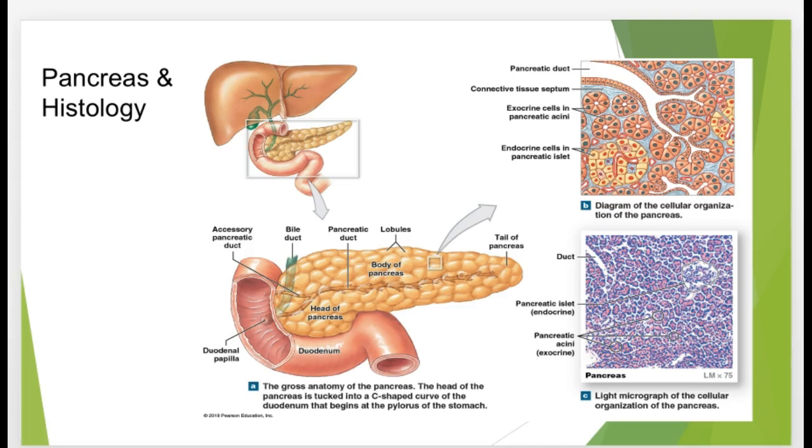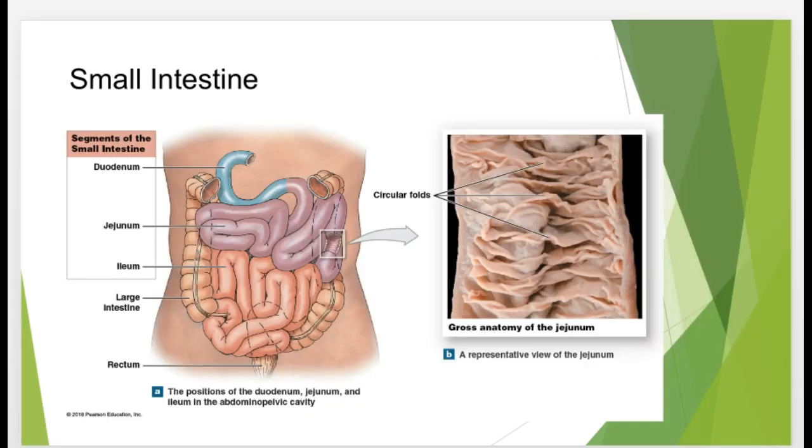We have the small intestine, right? The small intestine is broken up into three parts. We have the duodenum, the jejunum, and the ileum. It's got these folds that help to increase surface area, right?